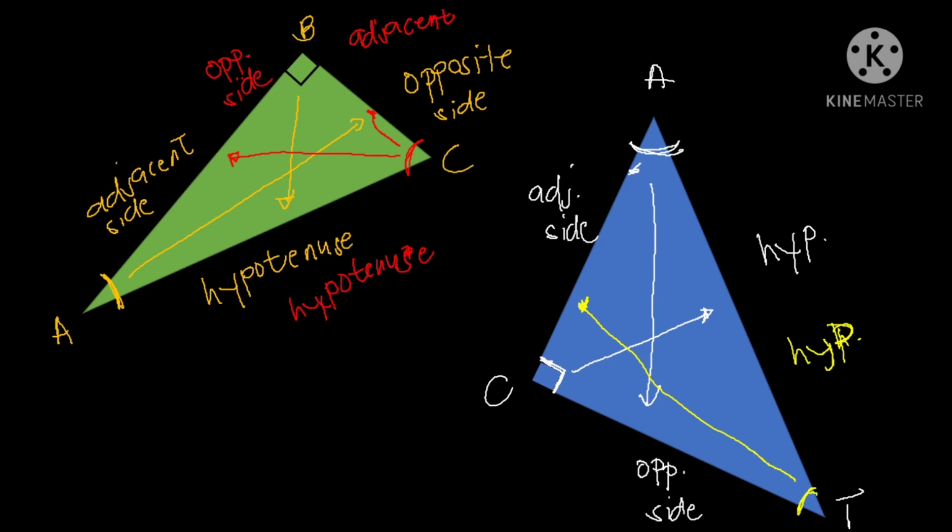So, yung opposite side nyo ngayon ay etong side CA. And then, your adjacent side ay etong CT. So, hindi natin pwedeng maging reference yung right angle, kung asan yung right angle natin.